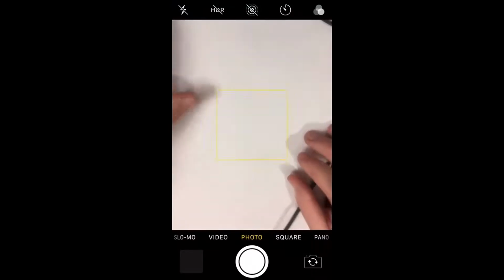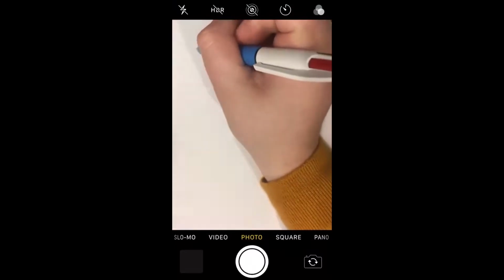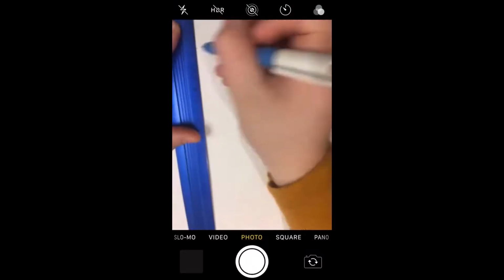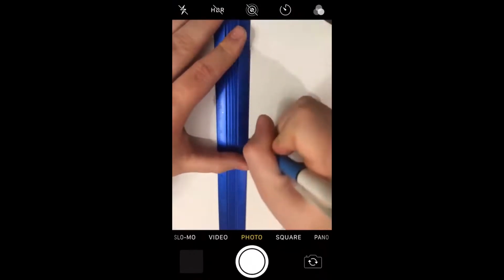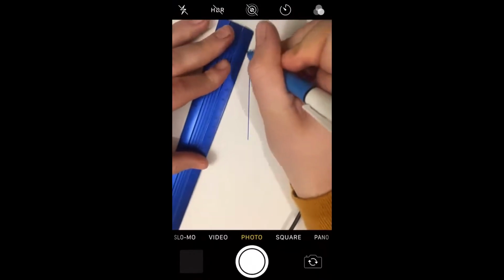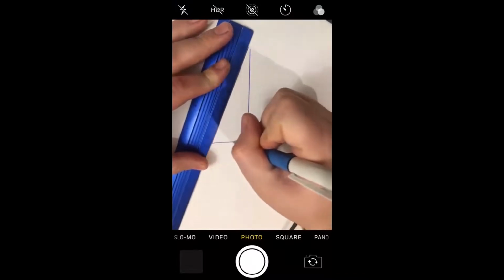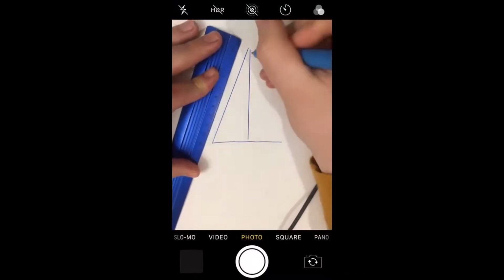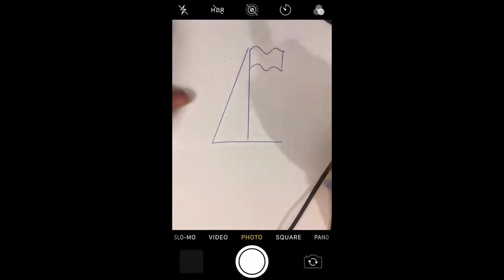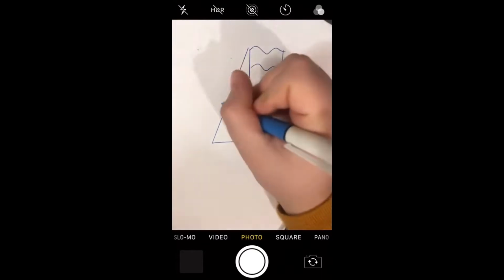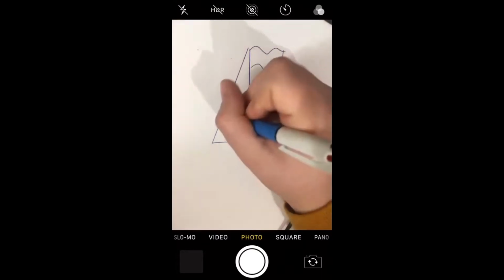Okay, so we've got our flagpole here. The flagpole happens to have a guiding wire, and that's what this wire is here.